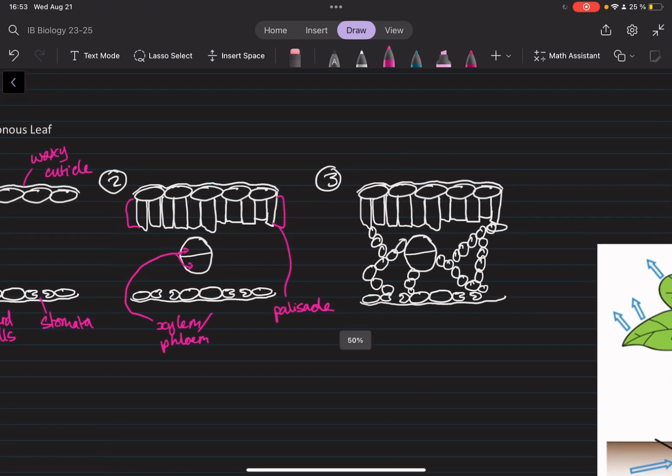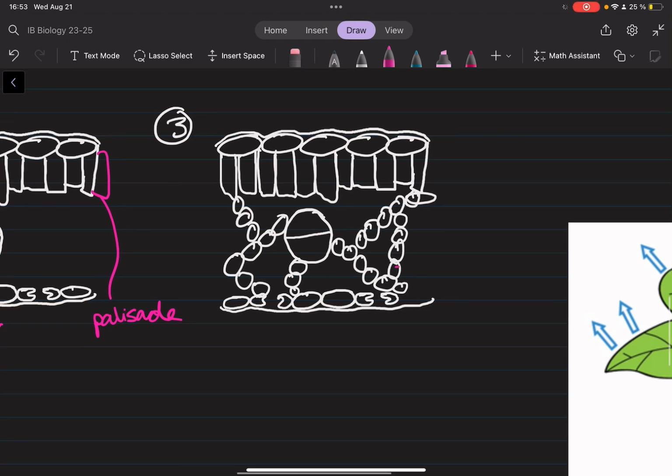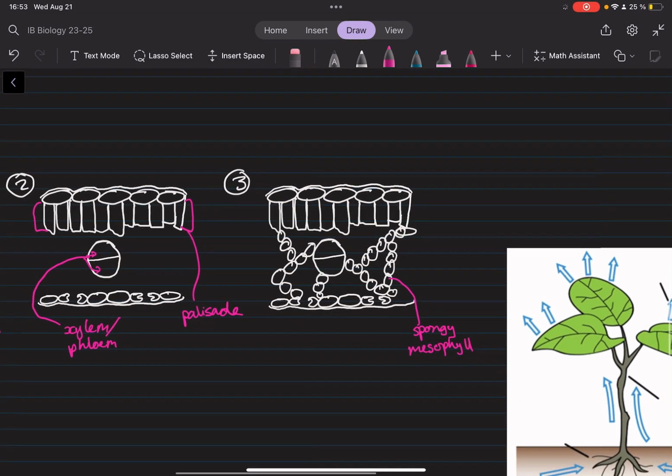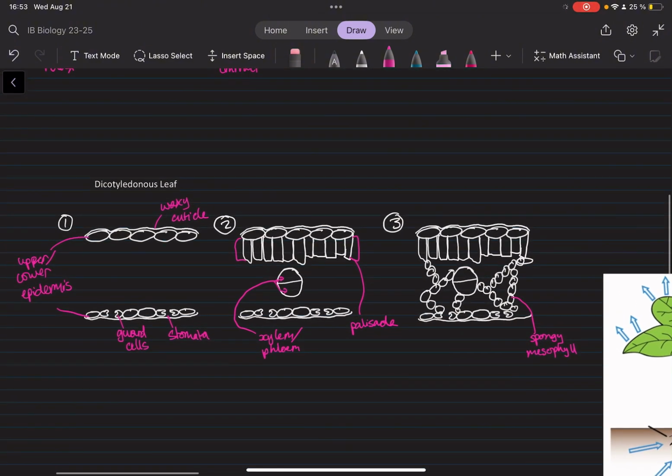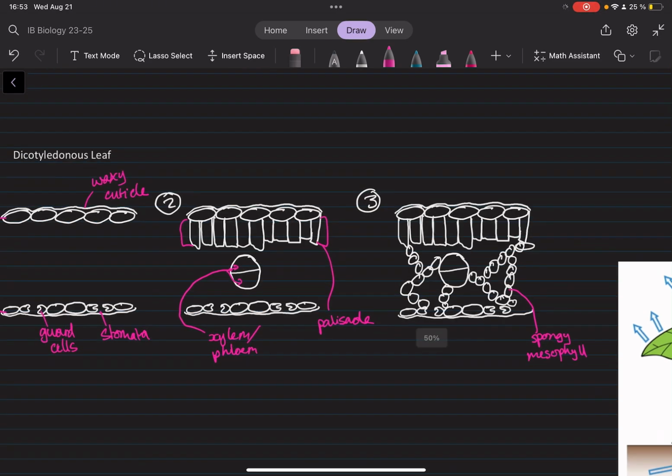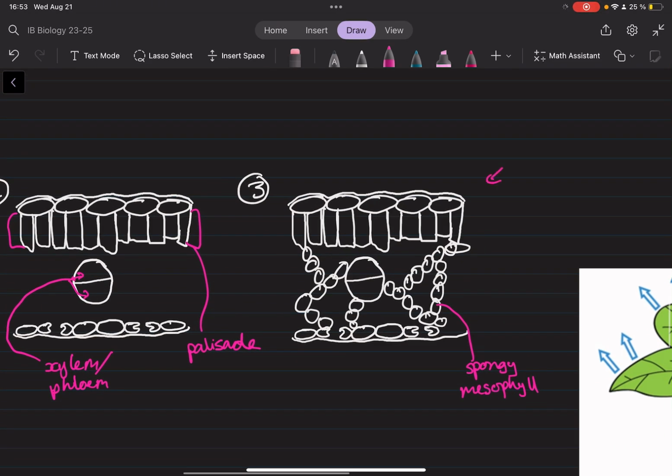And then the final step, which is adding the spongy mesophyll, which is just a bunch of chain of circles when you draw them, so it's not that difficult, I feel like, once you split it up into 3 different mini tasks rather than having to draw this all at once.